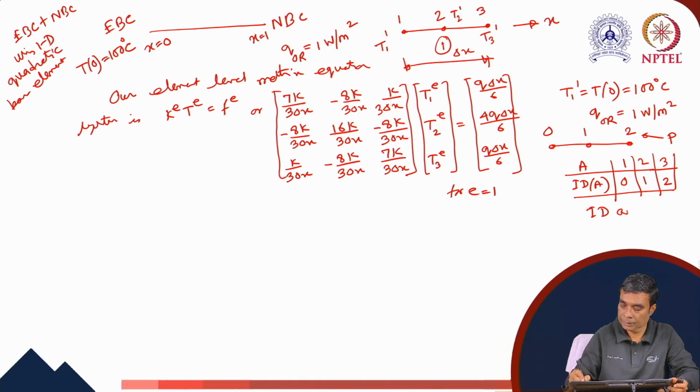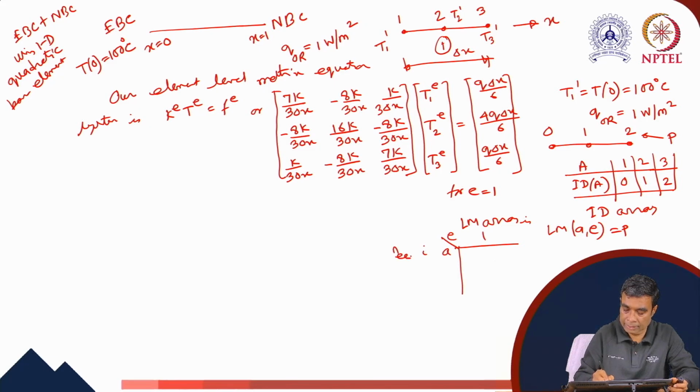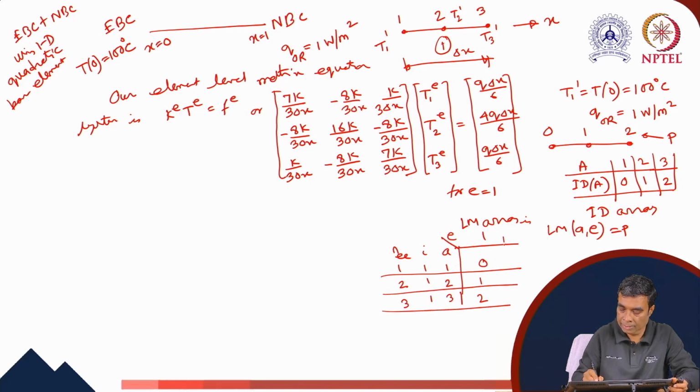This is for the ID array, and the LM array is LM(A, E) equals P, for E equals 1, A equals 1, 2, 3. Local equation numbers are 1, 2, 3. For the first local node, our equation number is 0. For the remaining nodes, our equation numbers are 1 and 2 respectively. So we generate the ID array.